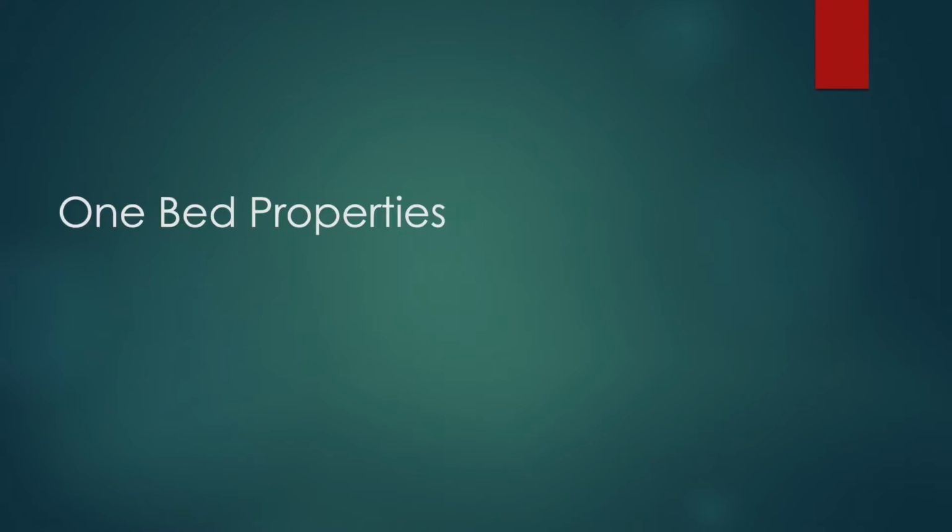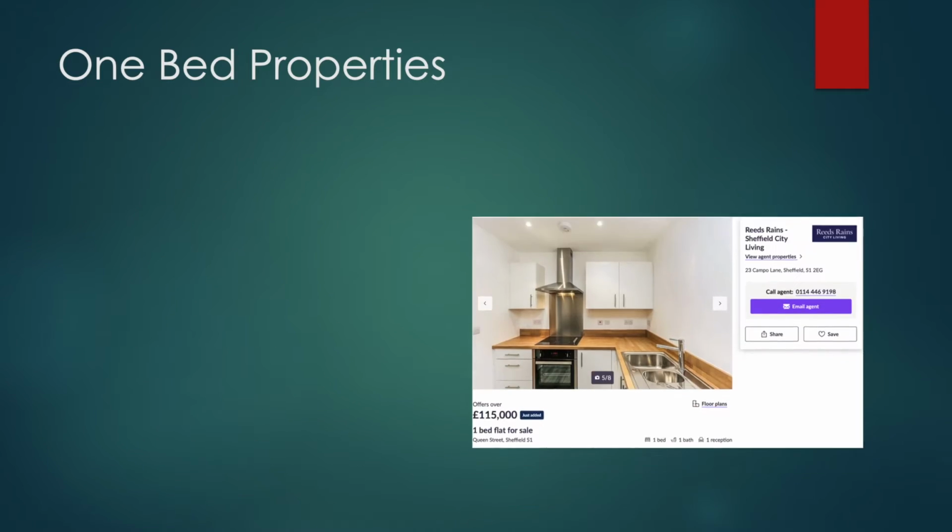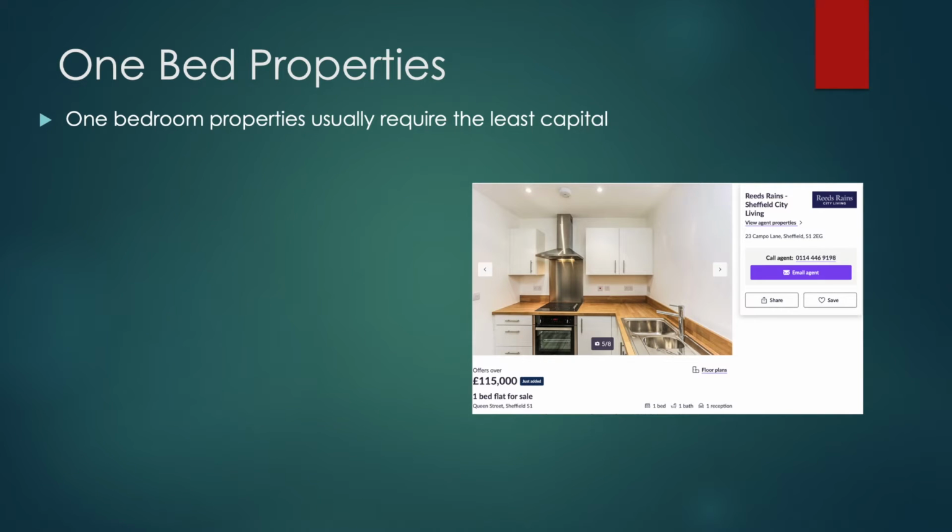So how could my client make a return on investment on a one-bedroom property? Well, one-bedroom properties are normally the cheapest, and this is because they have the least amount of space within the property. So they normally require the least amount of capital. So looking at this one-bedroom apartment I found in Sheffield city centre with a postcode of S1 2EG, it's currently being offered for £115,000.